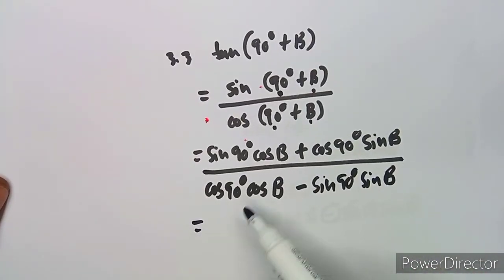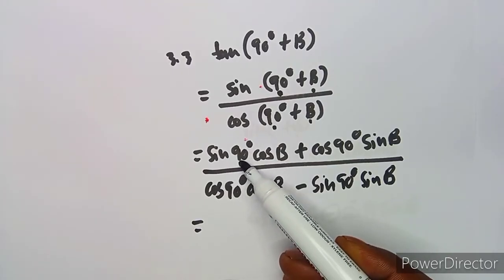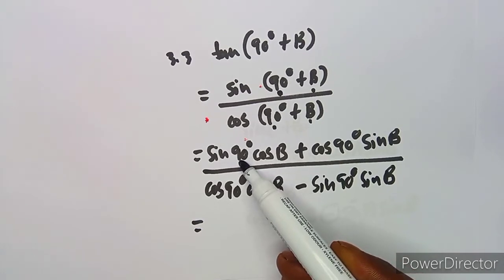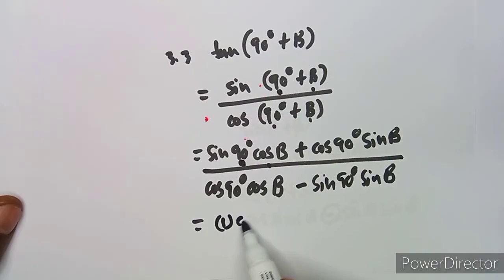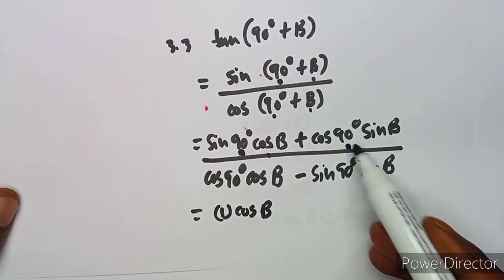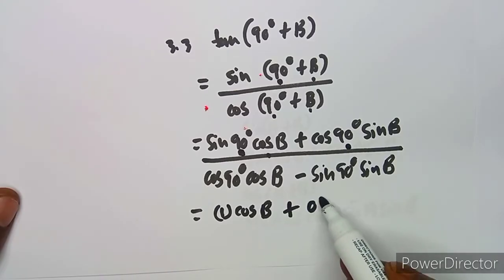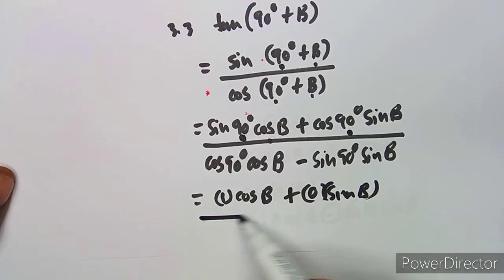All right, so you can use your calculator, guys. Sine 90 is going to give you 1 times cos b. Cos 90 is actually going to give us a 0, so there's nothing that's going to come out there.